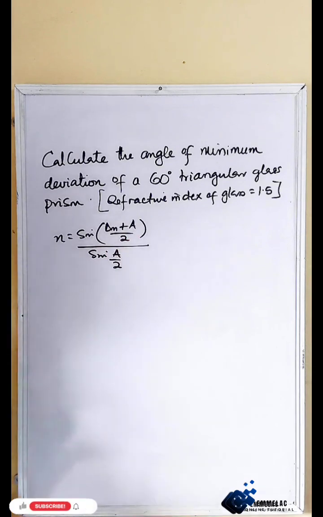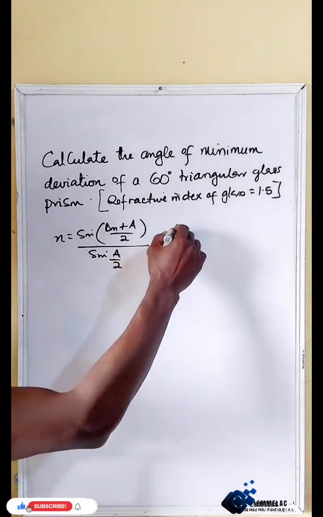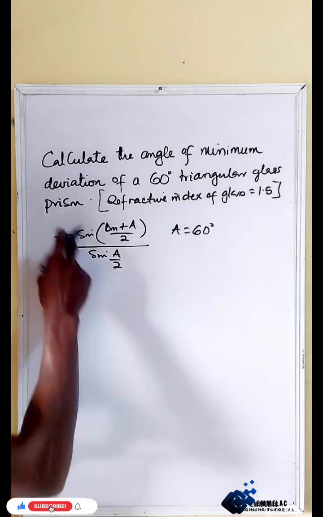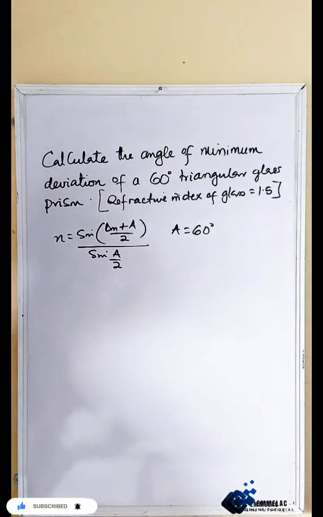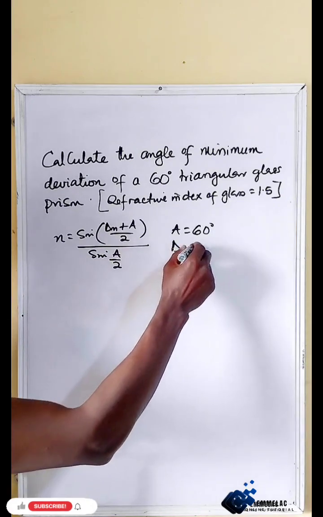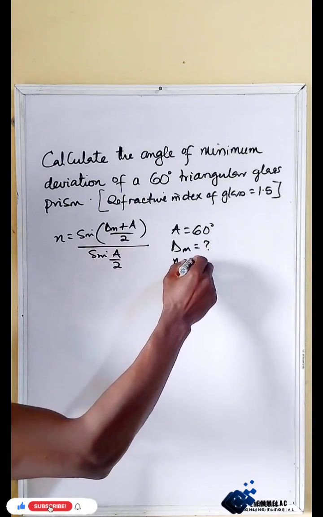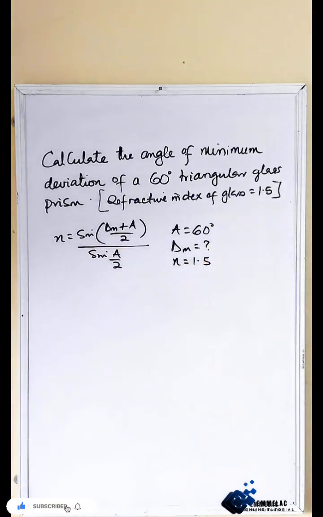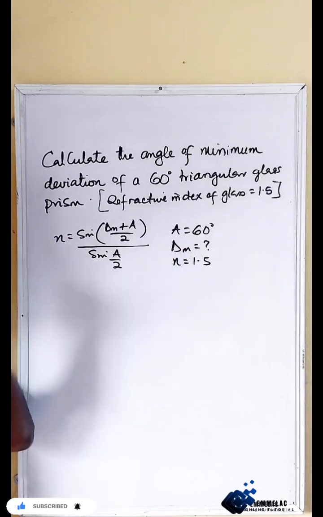We are given that A equals 60, the refracting angle of the glass, and we are asked to look for dm. Plugging all these parameters into this and looking for dm.